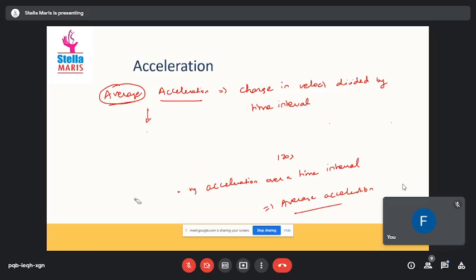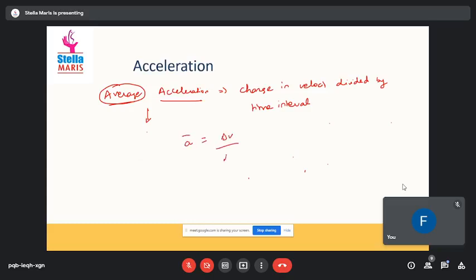So we have seen what average acceleration is. Average acceleration is nothing but change in velocity divided by time interval. Change in velocity is del V divided by del T. What is change in velocity?